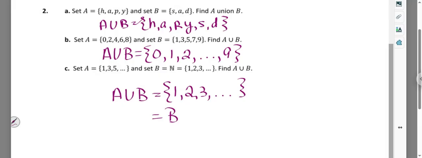It would be set B. You could even use the natural number symbol, the N with the double line. Any of those 3 options is the union of that set. So the way I've listed out at first is the roster method, listing what's actually in the set. The others would be the names of the set.